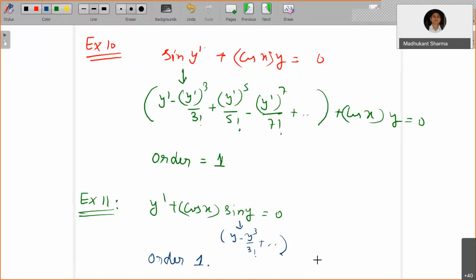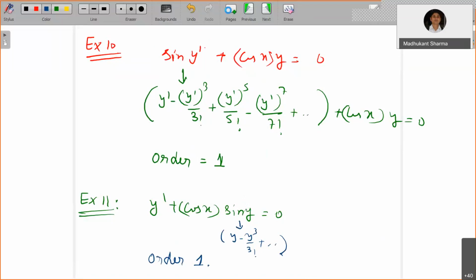Now if you have cos y dash here or e to the power y dash, you write the Taylor form. Still it has the first order derivative only as the highest order derivative present in the differential equation. That order is 1. So this is what I can answer regarding your question: if a transcendental function of y or its derivative is present in the equation, then how do you decide the order?